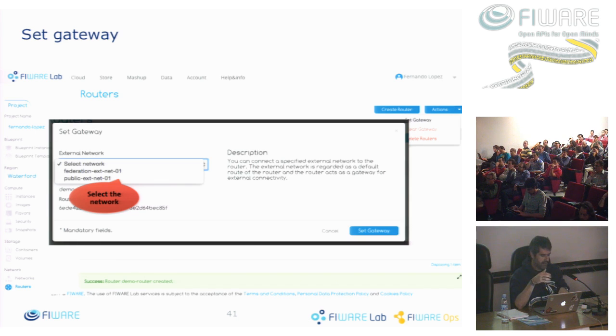It's something that I put here for administrative or management operations from the node. You have to use, in that case, the public external network 01. This is the public one. You select it, and then set gateway, and you have now connected your router with the public network.